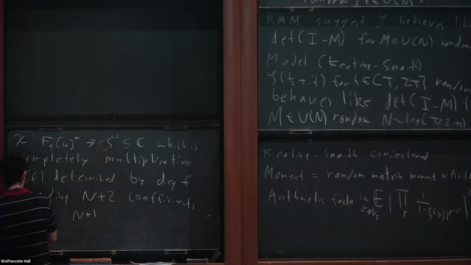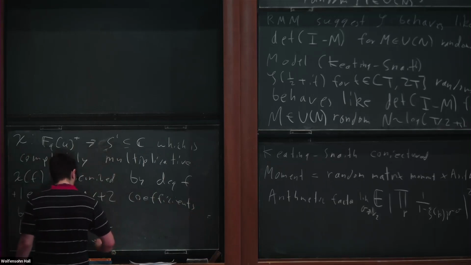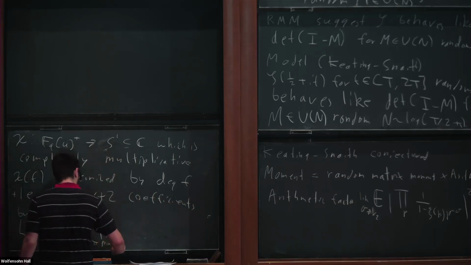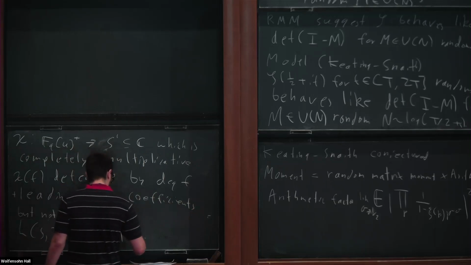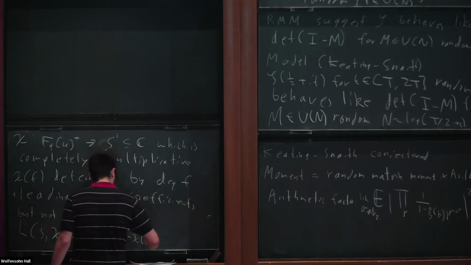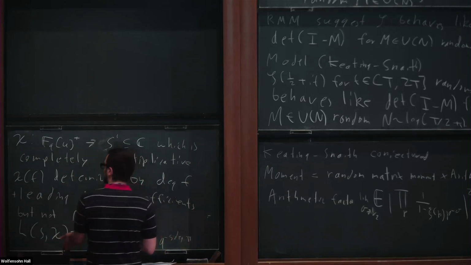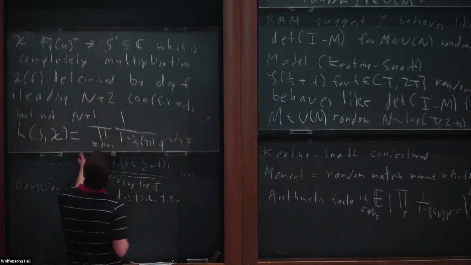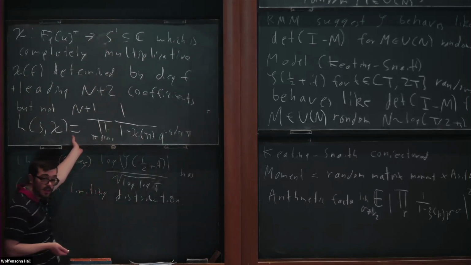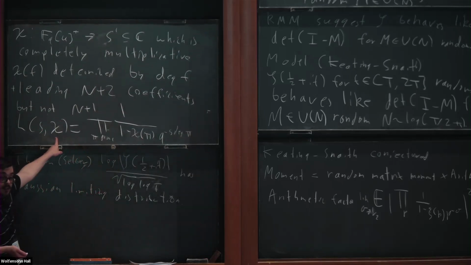And then I could consider L(s, chi) to be the product over pi prime of 1 over 1 minus chi of pi times q to the minus s degree of pi. So chi is going to be an analog of n to the minus it.